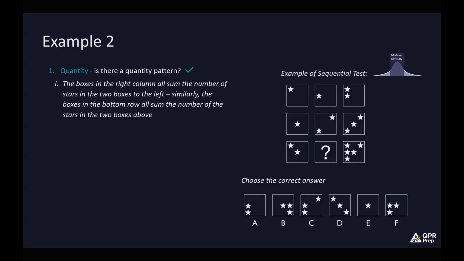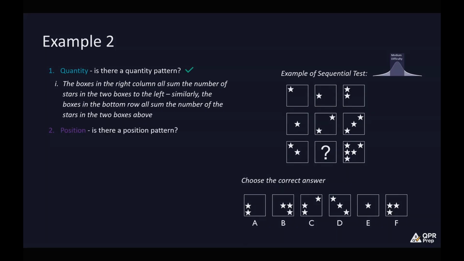And this is an example of a higher difficulty quantity concept. Quantity is not just about increasing or decreasing quantity. The harder problems will also manipulate quantity based on addition, subtraction, and sometimes even multiplication and division. So keep an eye out for this as well.